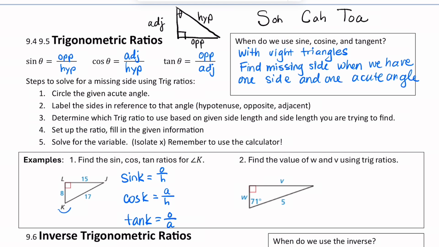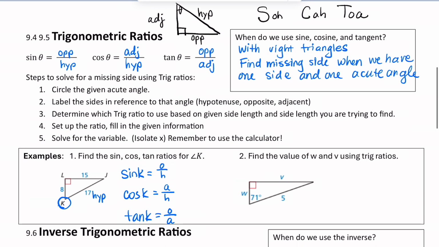First, we need to circle K and then label the parts of the triangle. So 17 is the hypotenuse. The leg that's opposite of K is 15, and the leg that is adjacent is 8. Now we can fill in the numbers for these ratios. So we have opposite over hypotenuse, adjacent over hypotenuse, and opposite over adjacent.